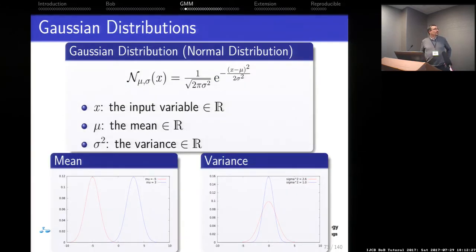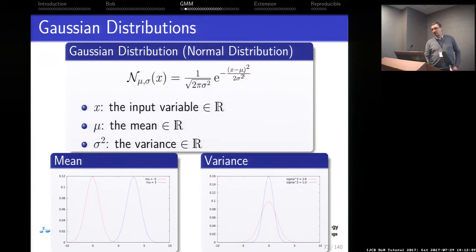Okay. The theory is based on Gaussian distributions. So when we have a normal Gaussian function, that's relatively simple. You have your 2 parameters, which are the mean and the variance of the Gaussian.